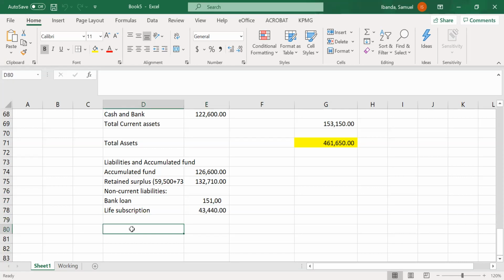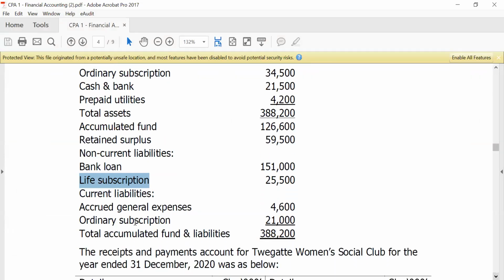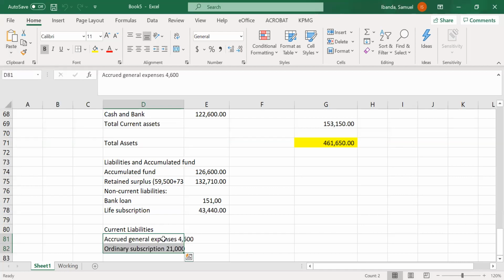But for now, let me move to the current liabilities. Again, I'll benchmark on how the opening balances were written. They started with the accrued general expenses, then they looked at the ordinary subscriptions. I'll follow the same order, but these values have changed.